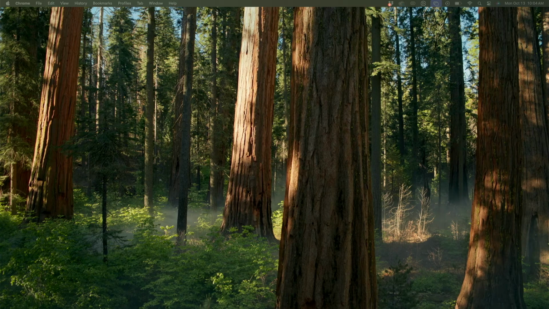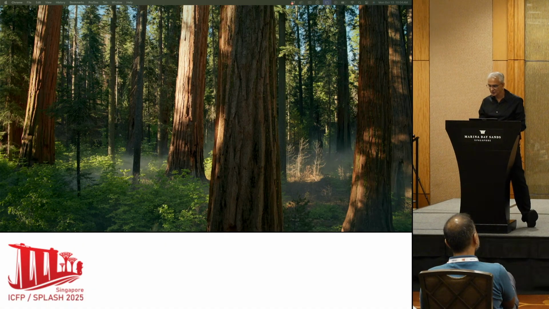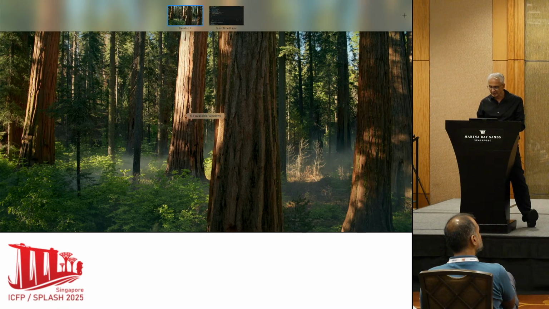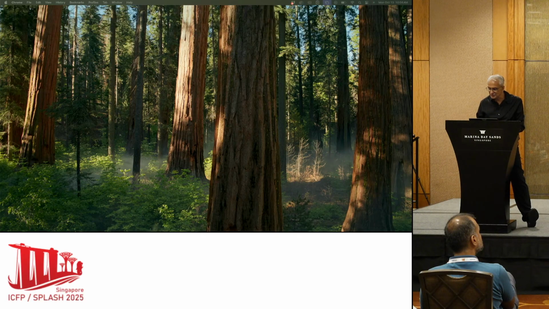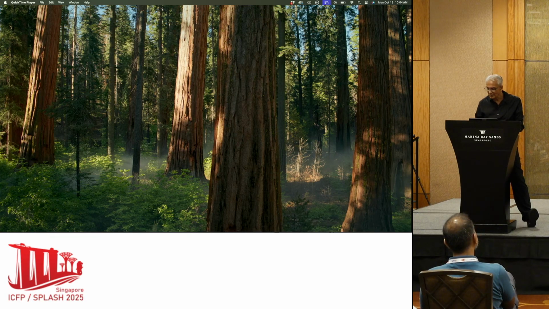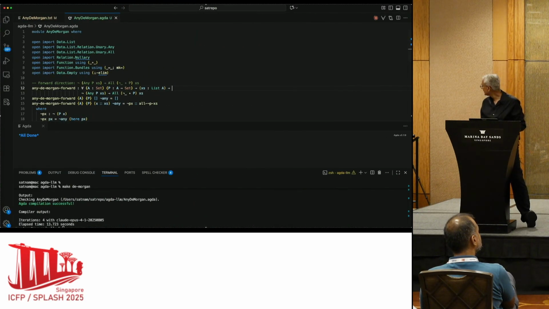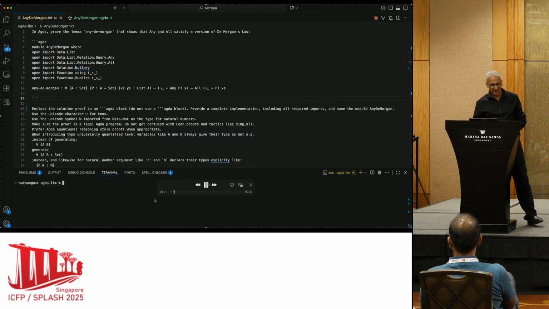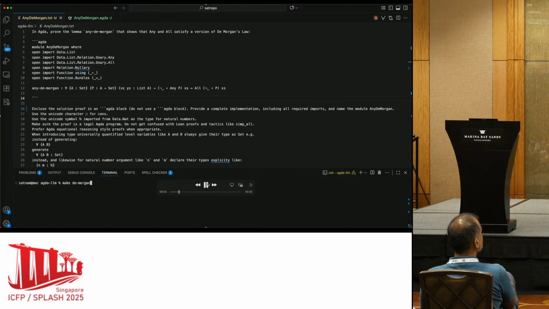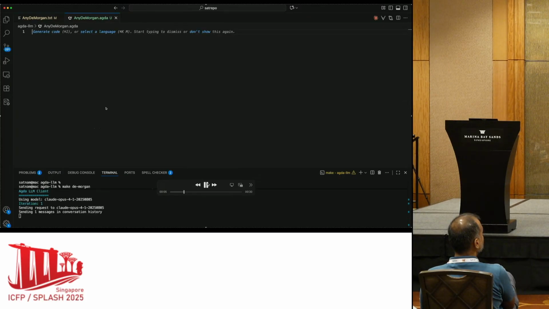Well, let me just give you... I'm going to show you something, which is going to get me in trouble. Okay. So at Groq, I started to describe circuits in Agda, and I wanted some help to do the proofs. What you see here is VS Code with an Agda lemma in it.